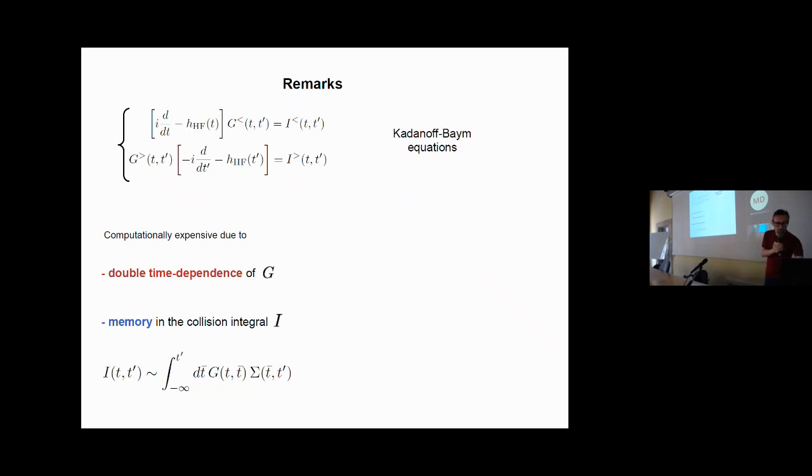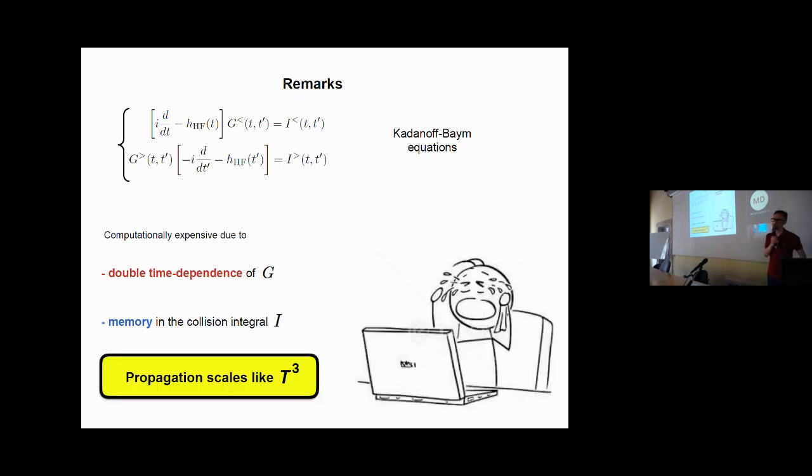So at the end of the day, we realize that the solution of the problem scales like T cubed. This means that if capital T is the maximum time that we want to reach with our simulation, which can be of the order of some picoseconds, the cost of the simulation scales like T cubed. This is a huge cost.